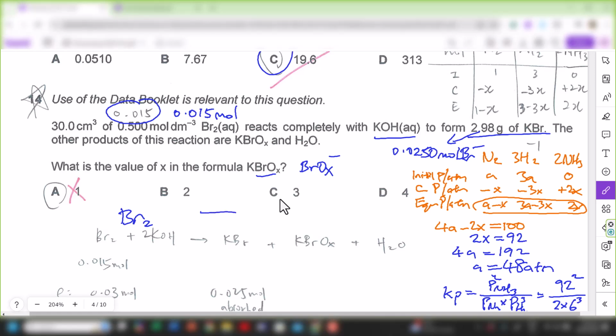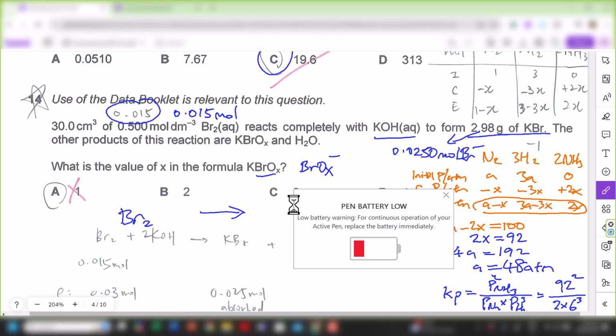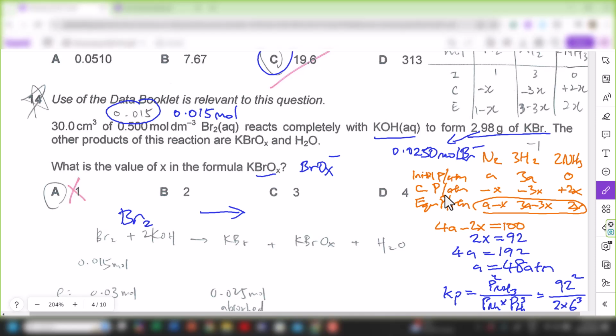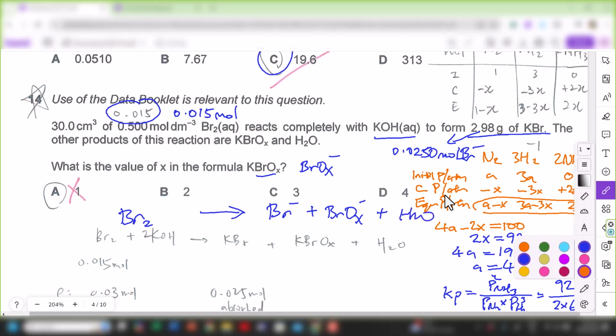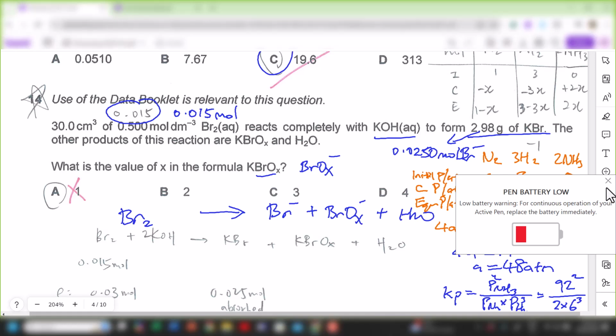If I want to write the overall balanced equation, I can, but I do not really need to do it over here. Then my products are Br minus plus BrOX minus plus H2O. Again, if I want to write in the H2O, I can, but it may not be the most important thing right here.